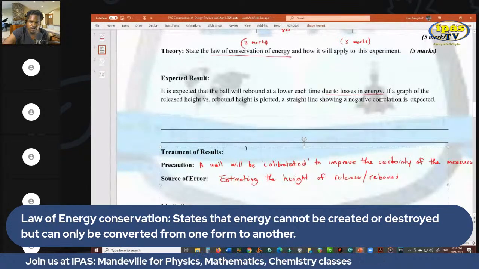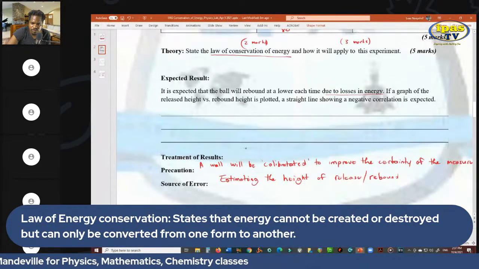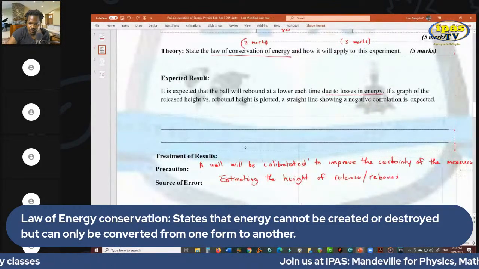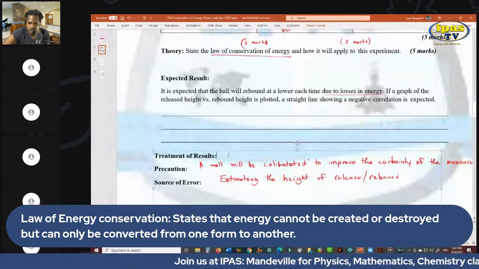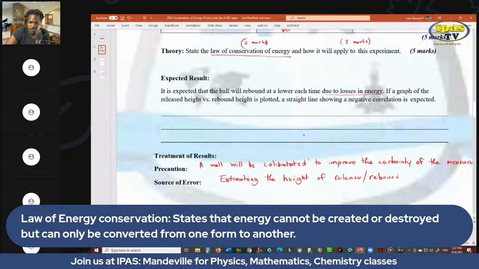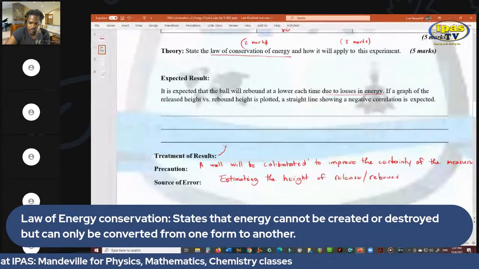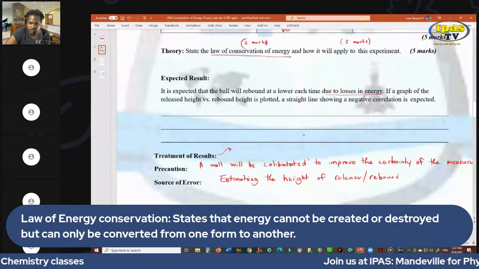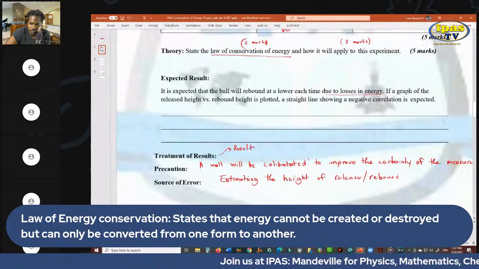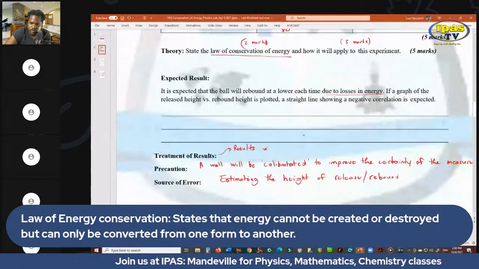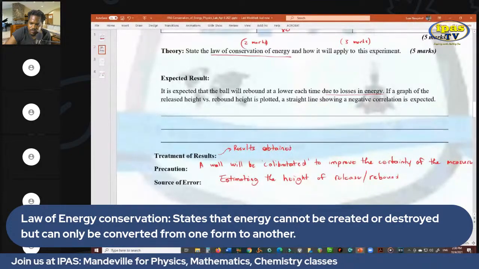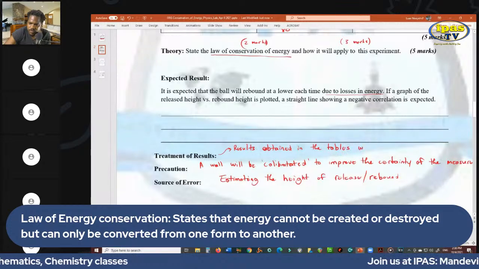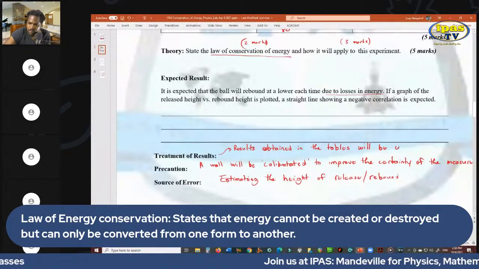This will carry us into the treatment of results. Here, results obtained in the tables will be used to plot a graph.